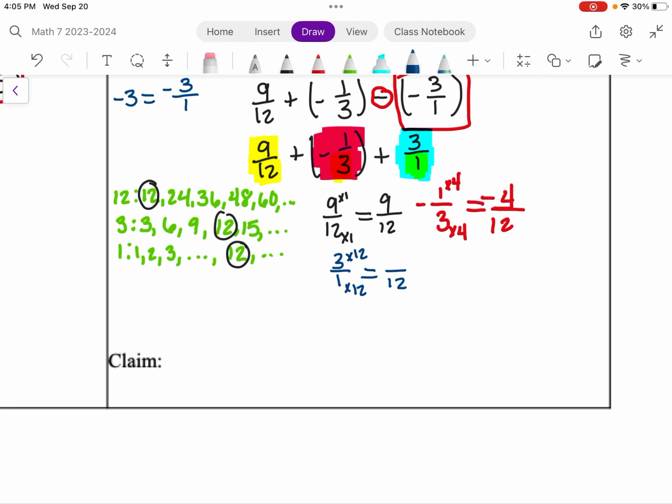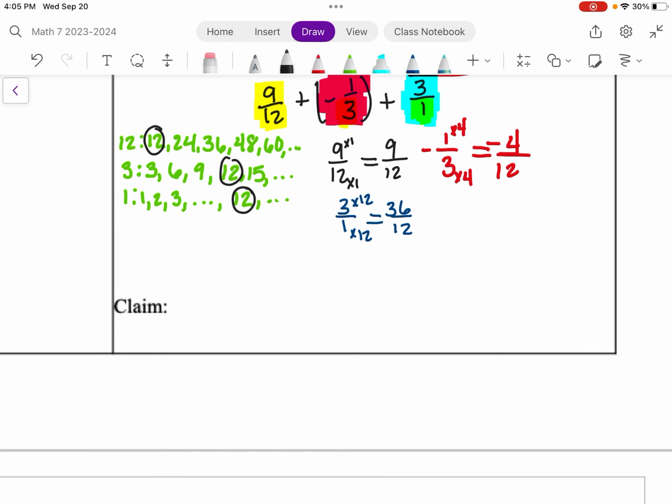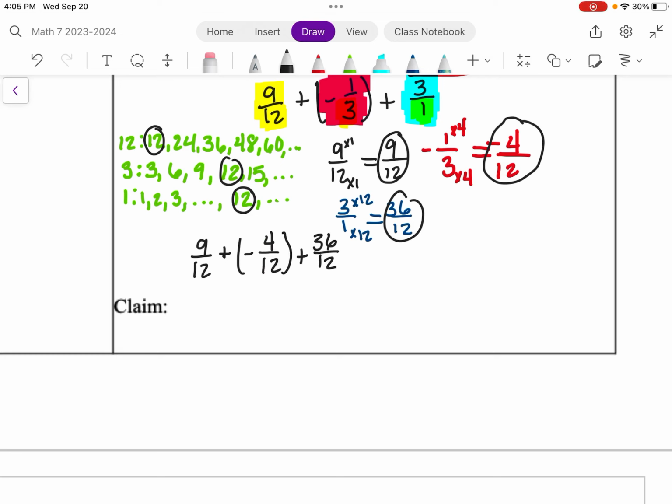So 3 times 12 is 36. Okay. Now I'm going to rewrite my expression with these new equivalent fractions. Okay. So 9/12 plus negative 4/12 plus 36/12.